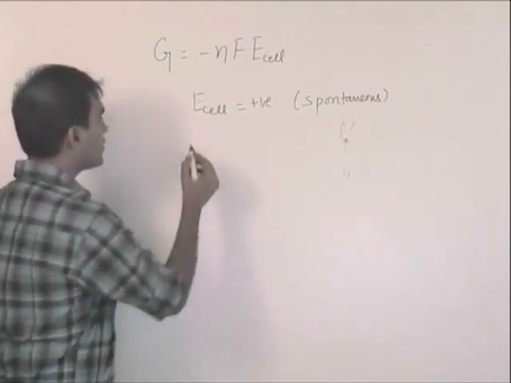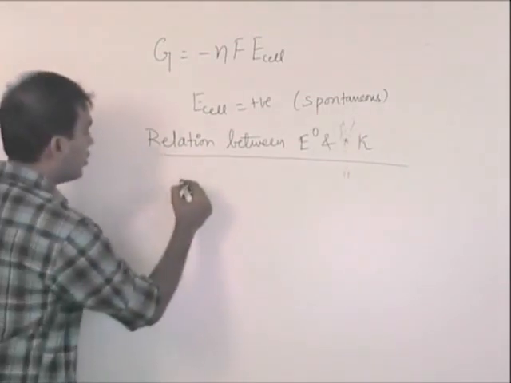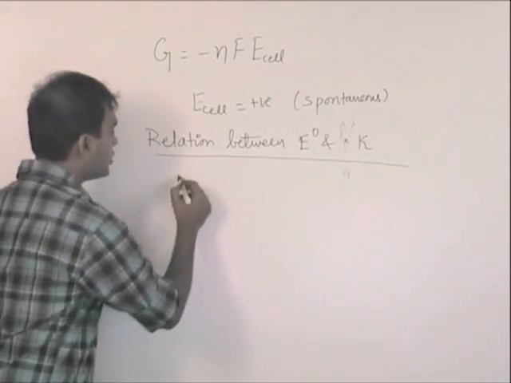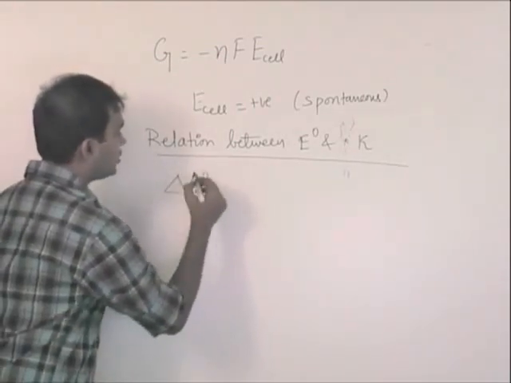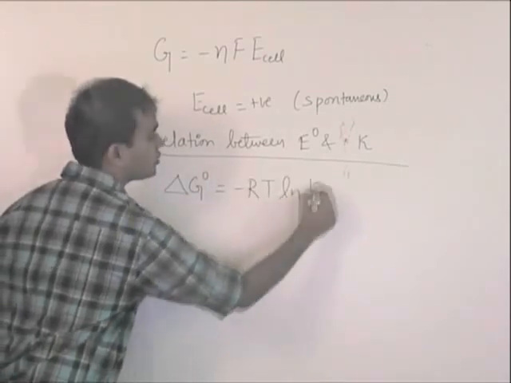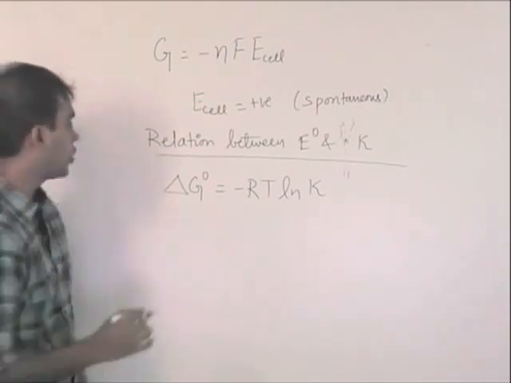Now, second thing is the relation between E naught and K. So, don't write, just listen first. What we know is delta G naught equals minus R into T into ln K. You know this from thermodynamics? Yes. Okay.